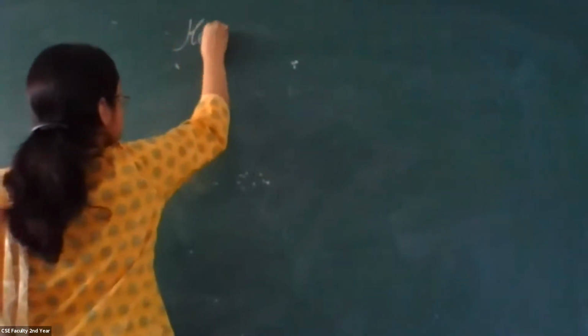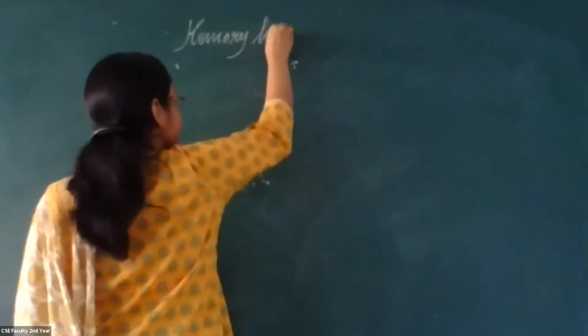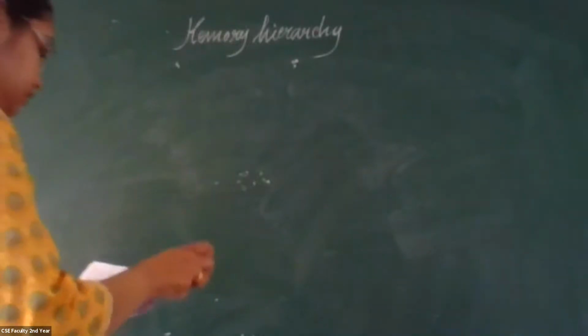Now, we are going to study the memory hierarchy. It is represented in the form of a triangle.